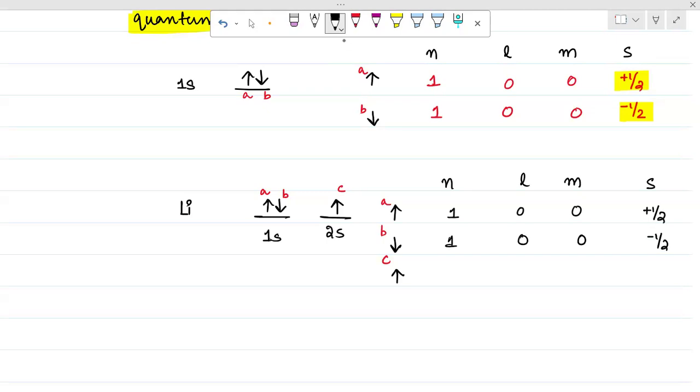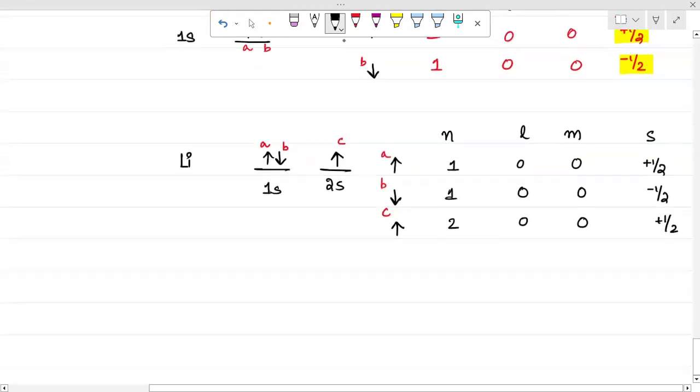Now C, that is present in a different subshell. So the value of N now is 2. L is 0, M is 0, S is 1 by 2. Now can you see the difference in the quantum numbers between A and C? Correct?